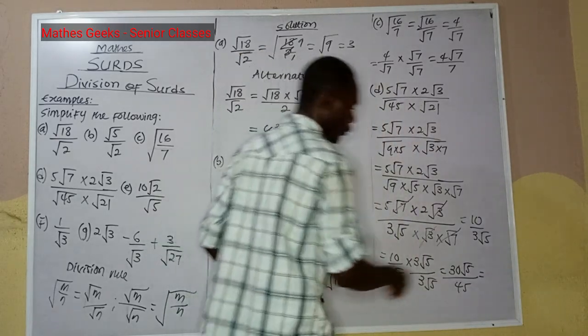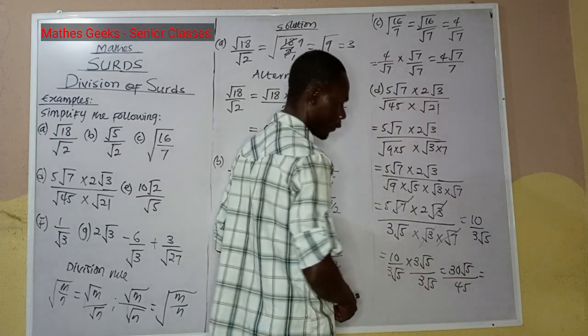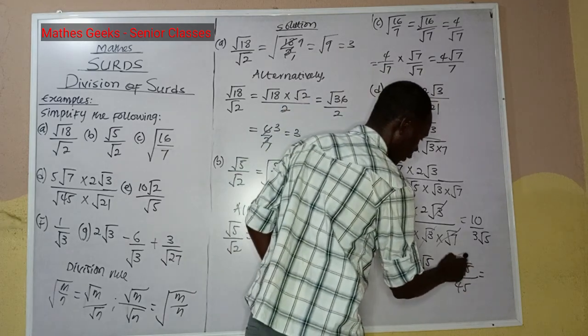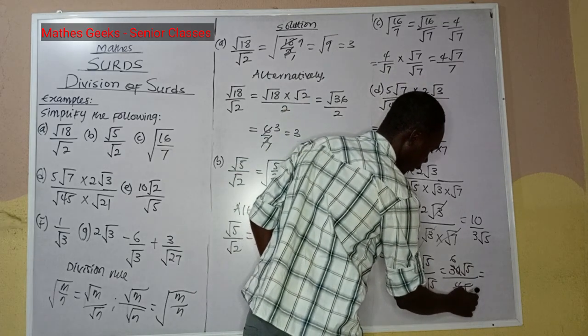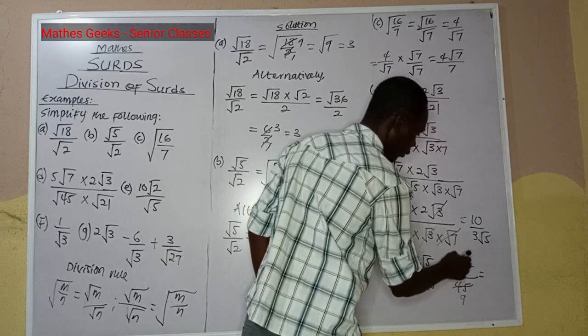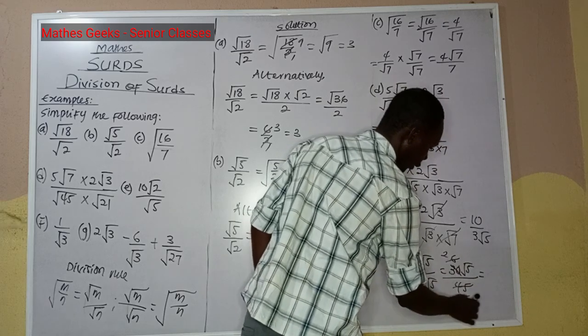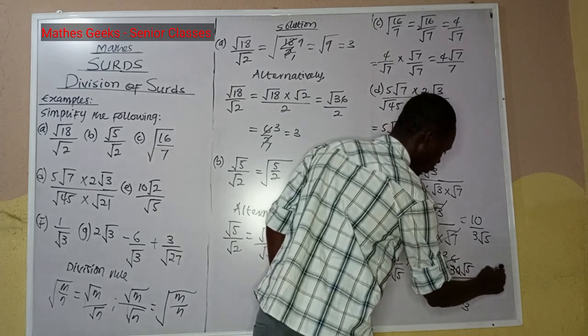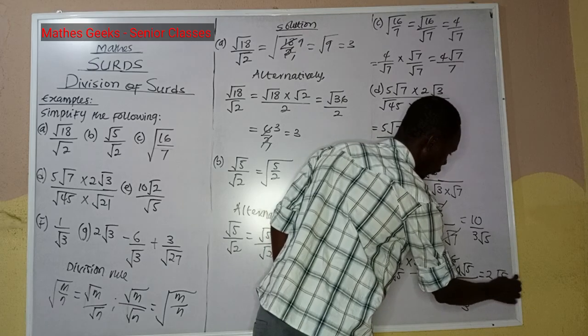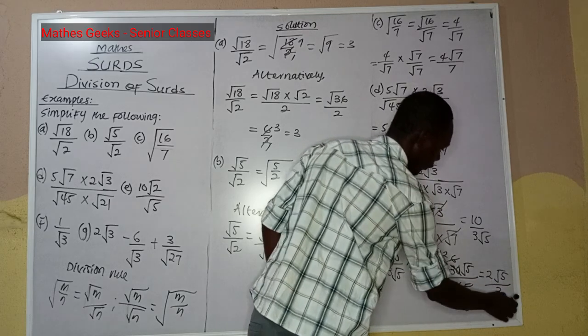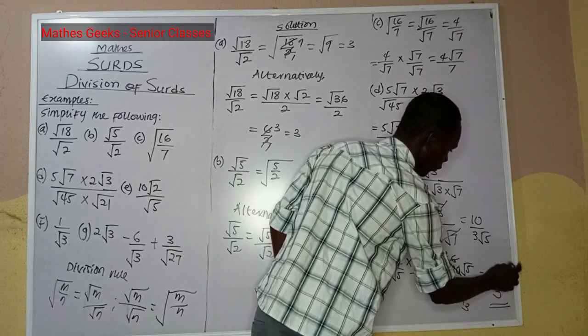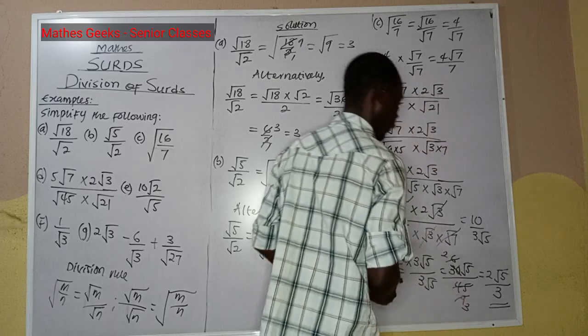And now, what can go? 5 can go, so 5 here, 1, 5 here is... 3 here, 2. That would be 2 root 5 over 3. That's my final answer. 2 root 5 over 3.